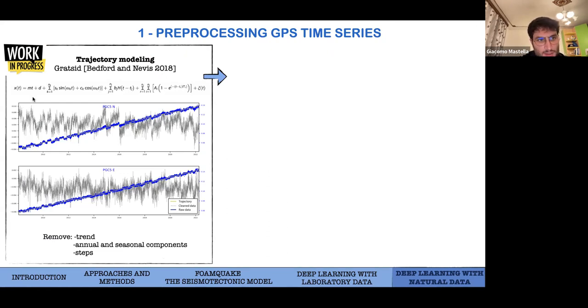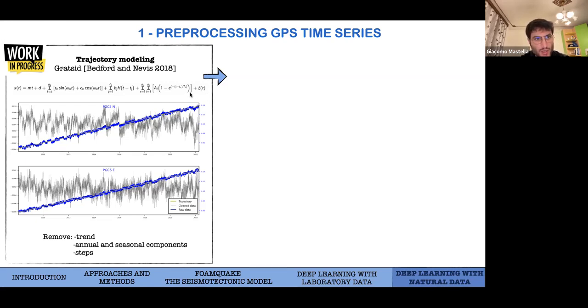A geodetic time series can be described as a combination of several signals, especially a linear trend, some annual and seasonal components, some steps that can be related to the occurrence of earthquakes or even to some human-induced changes, and some tectonic transients that, for example, can be related to the occurrence of slow earthquakes.